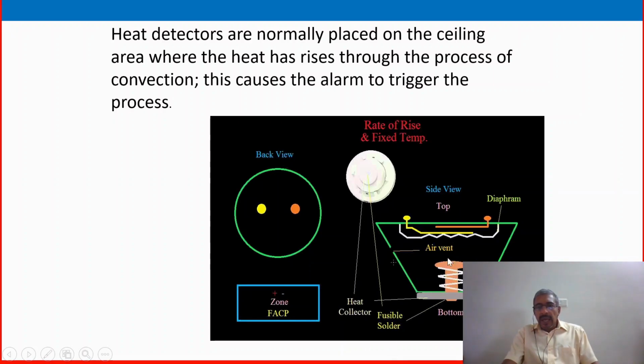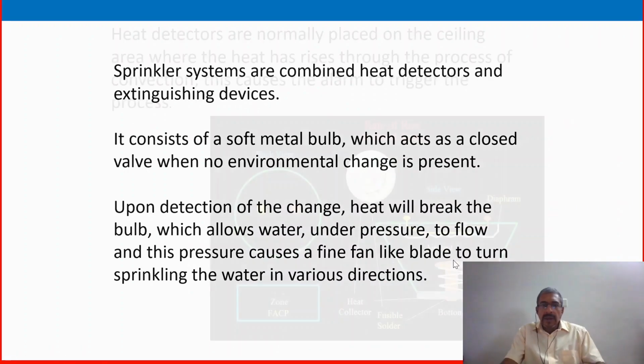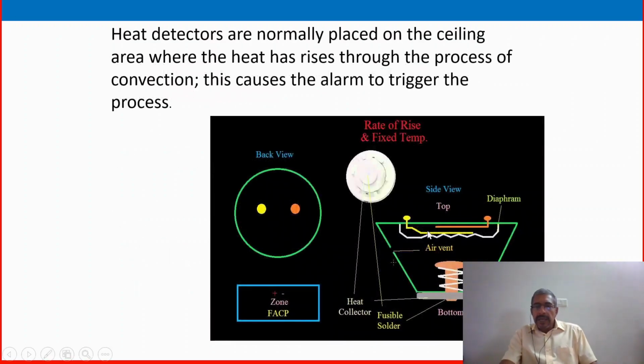So, when the heat is increased, the heat rises through the process of convection, and a diaphragm is there. A melting fuse is there. When the heat is increased, this melting fuse is melted and it connects to a sprinkler system or firefighting system that will activate automatically.